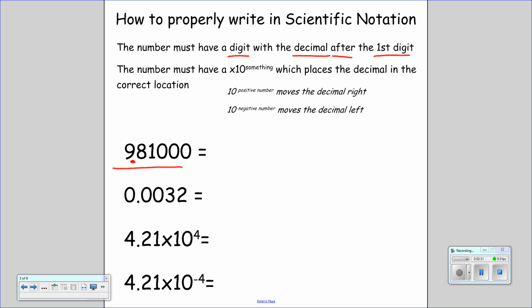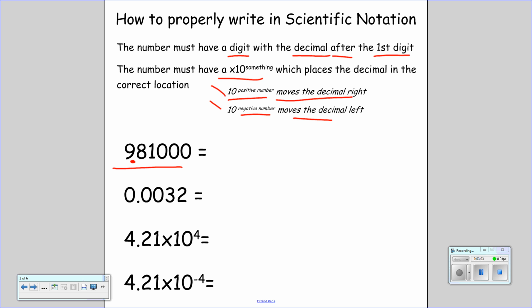And then the number must have a times 10 to the something, in order to relocate the decimal. It's a positive number if you had to move your decimal to the right, meaning if you're multiplying it out. And it's a negative number if the decimal place would move to the left. I'll show you what I mean by that in a second.